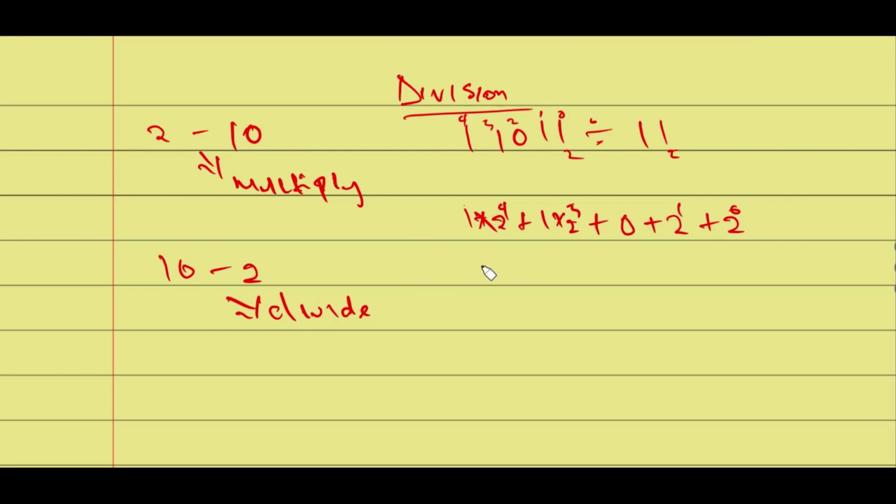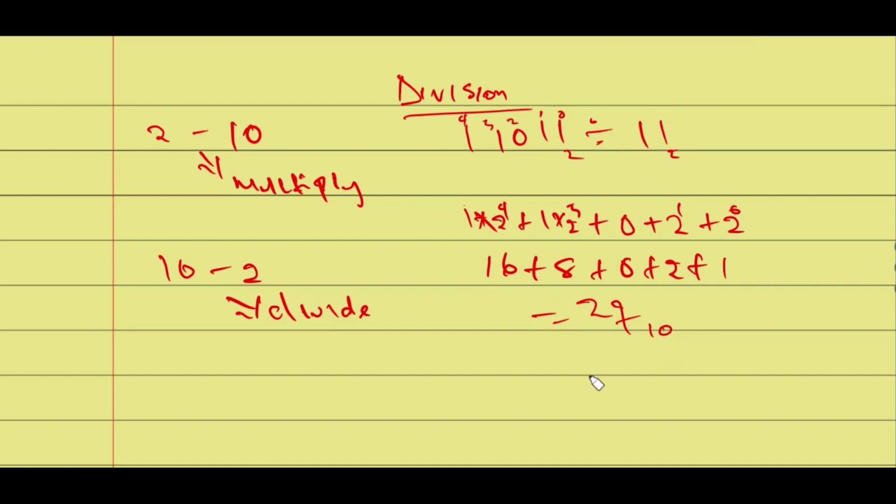Let's go ahead and skip the multiplication. So 2 to the power of 4 is 16. So we have 16 plus 8 plus 0 plus 2 plus 1. If we add this together, we have 16 plus 11. This will be equal to 27 in base 10.